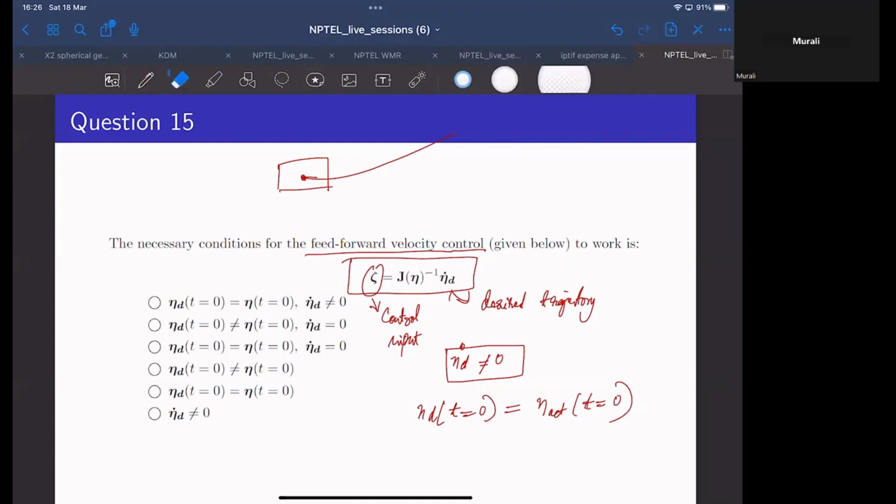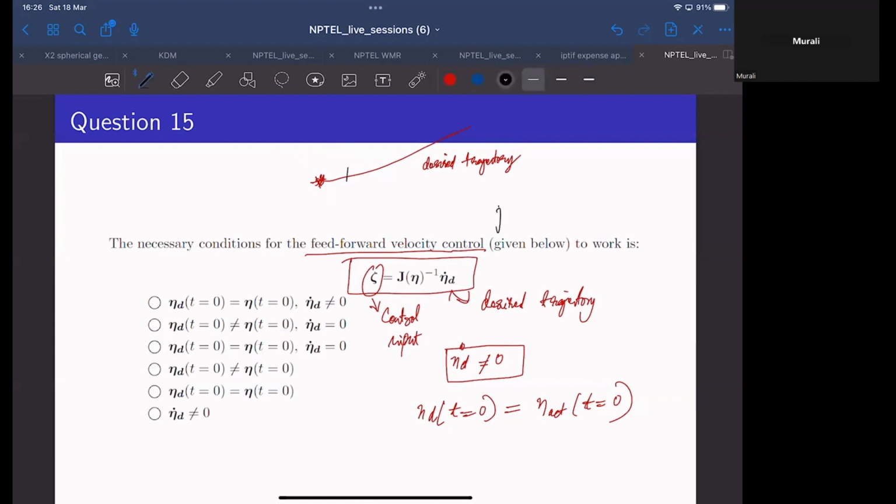See, let me give you more clarity on this. So if this is a desired trajectory, this red line, and if this is the starting point, we would want the robot to start exactly here, so that if you are employing this control law, it will move as per this desired trajectory.